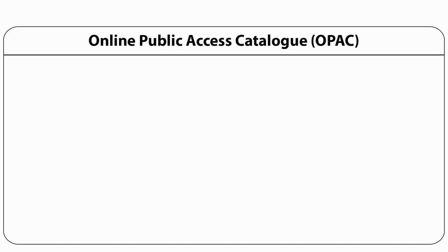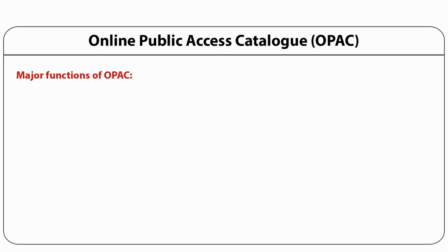Online public access catalogs, in short, OPAC. The OPAC has simple and advanced search facility with the minimum information for each item, including author, title, corporate body, conference name, subject headings, keywords, class number, series name, accession number, or combination of any two or more information regarding the item.